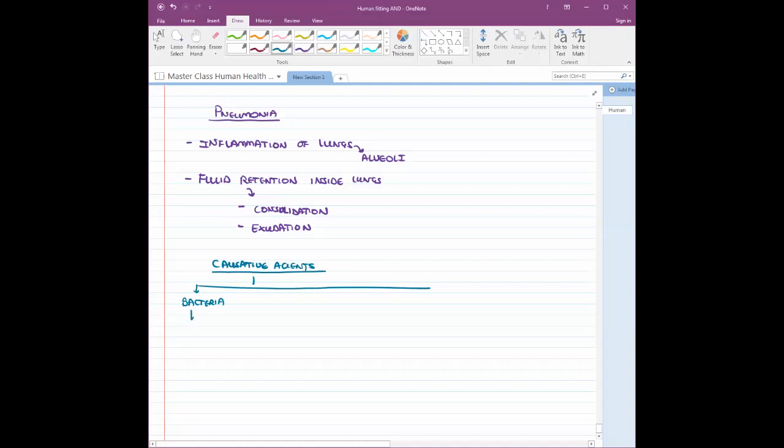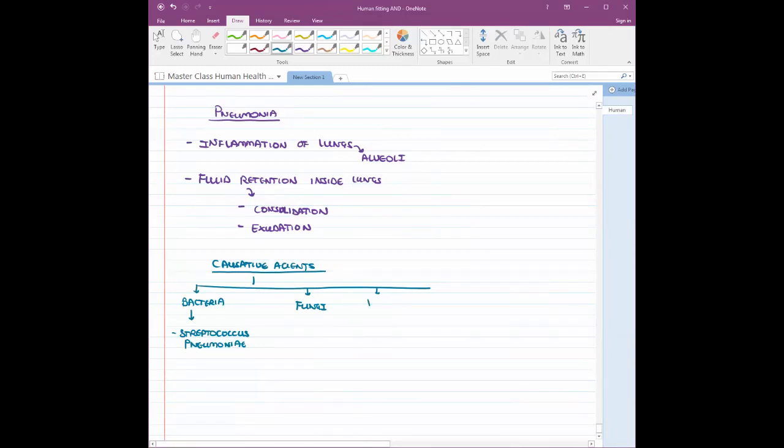If you're talking about bacteria, we have Streptococcus pneumoniae. The second one, guys, is fungus, different kinds of fungi. They are also going to target your lungs, and then you will get pneumonia.